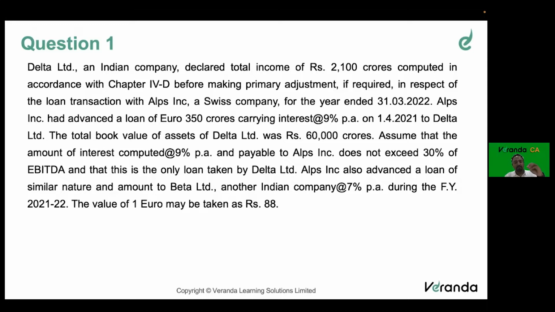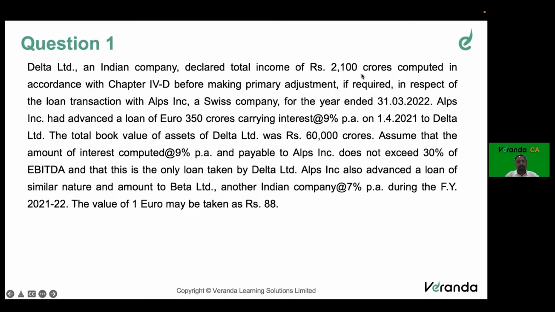When the transaction is 50 crores and the arm's length price is 60 crores, I'm adjusting my books with 10 crores, which means this 10 crores must be collected from the associated enterprise. That adjustment is called the secondary adjustment, discussed along with the primary adjustment in section 92CE.